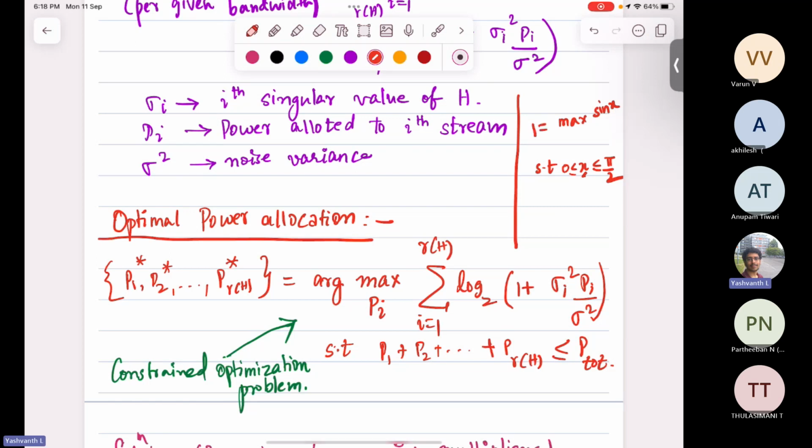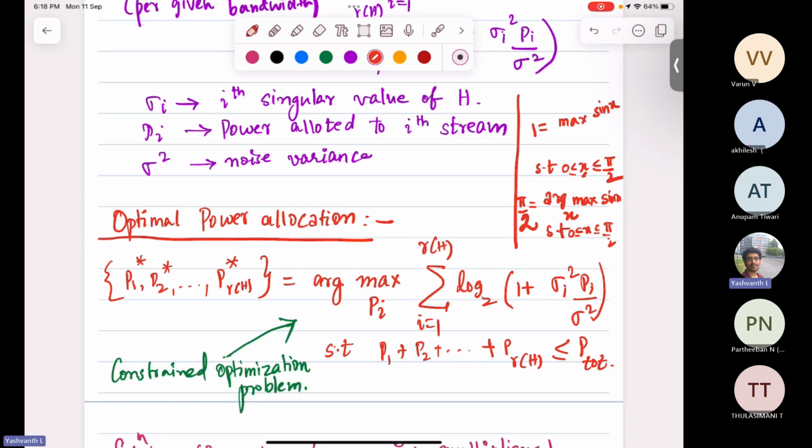Correct, 1. Now if I say argmax of sin x subject to x lies between 0 and pi by 2, what is the answer now? Pi by 2. Exactly. Argmax means it will give the variable, the argument at which your maximum is attained. That's all.